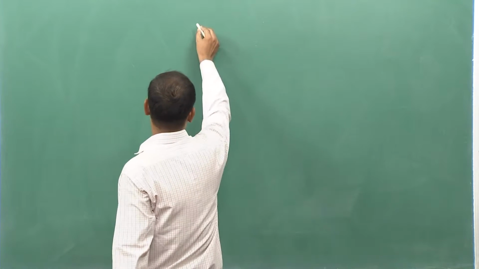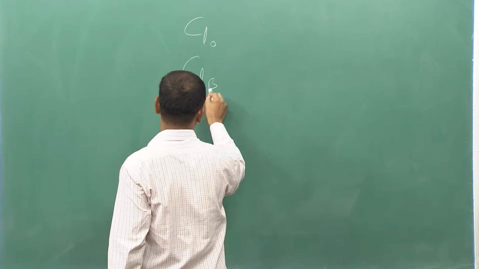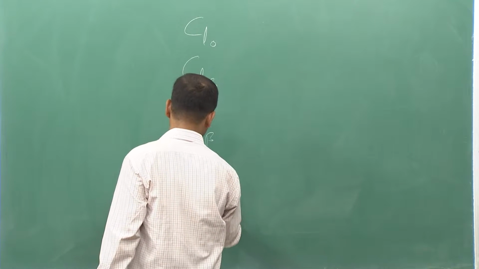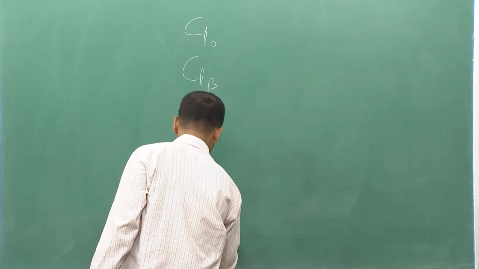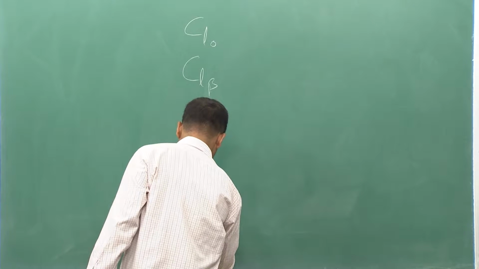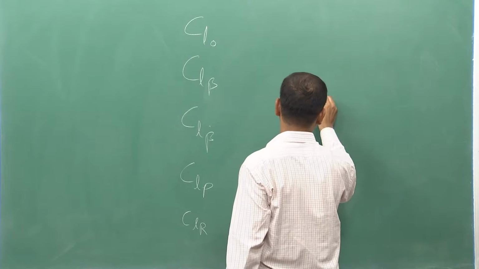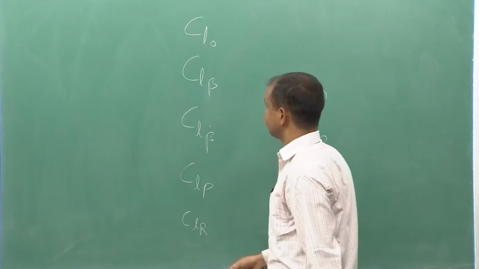Similarly, if you have all the moment coefficients CL naught, CL beta, CL beta dot, CL p, CL r, CL delta A, CL delta r, you can find the CL.